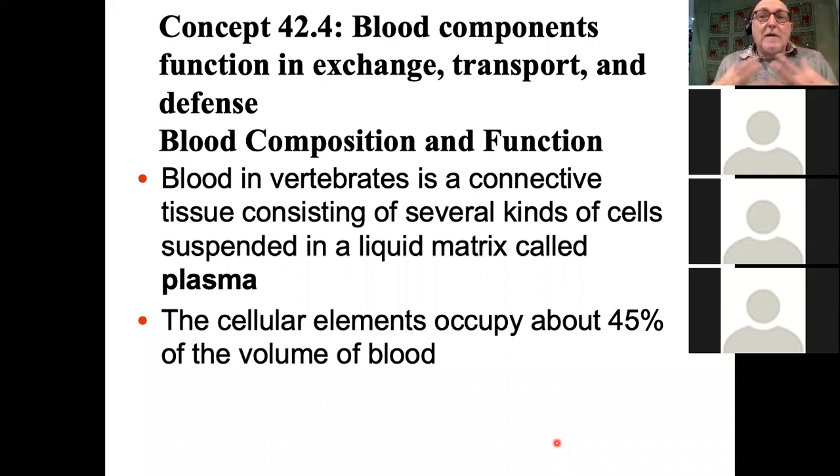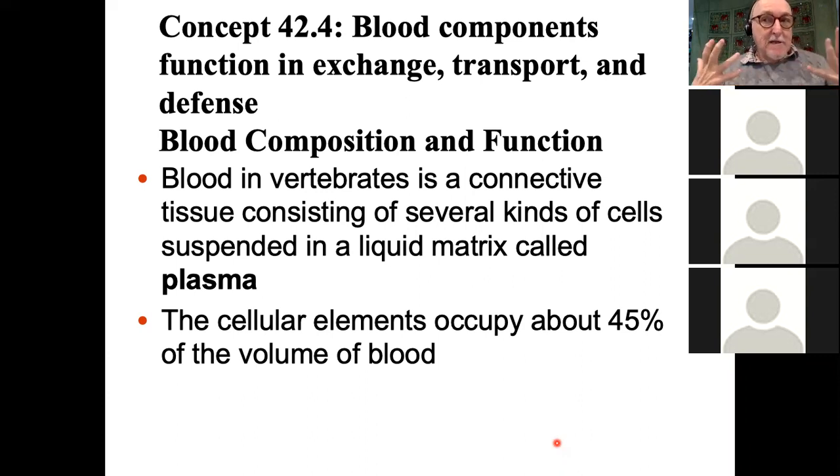Blood is an incredibly important tissue. It is regarded as a tissue. It's obviously a fluid tissue. It is in fact a connective tissue, but it has many different components and many different functions. And these are principally in gas exchange. That's the first thing.